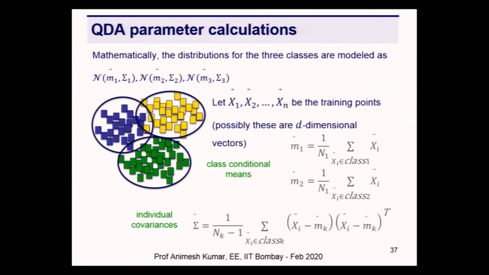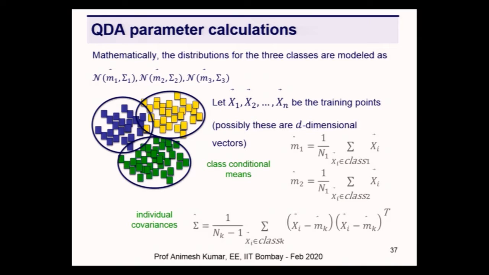You collect the class conditional means, but for covariances you have to compute individual covariances now. So you'll have sigma hat k here, and that's going to be the average. The way we calculate covariance or variance is the deviation of any given point from the average, squared.